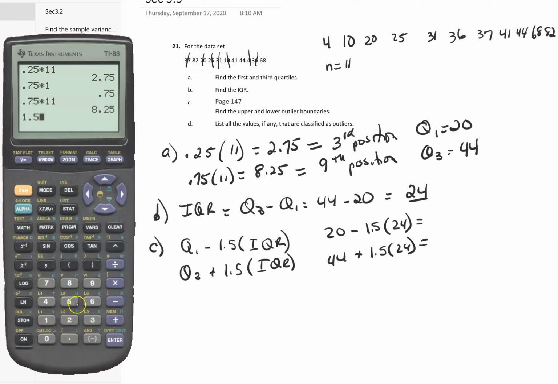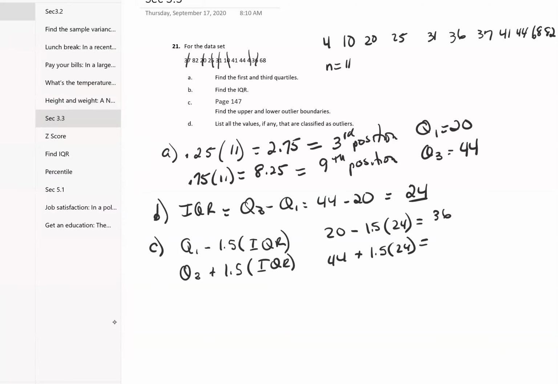So 1.5 times 24 is a 36. So 20 plus 36, which is a 56. And then this is also a 36, but this is 44 plus 36. So that's going to be 80. So those are the upper and lower boundaries.